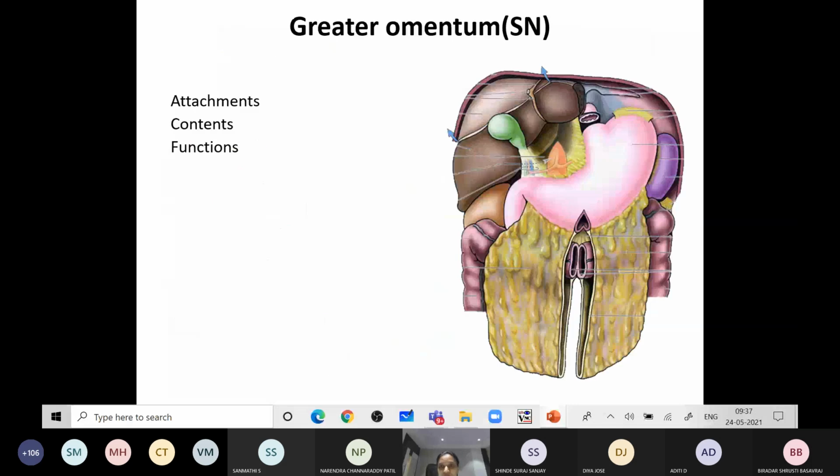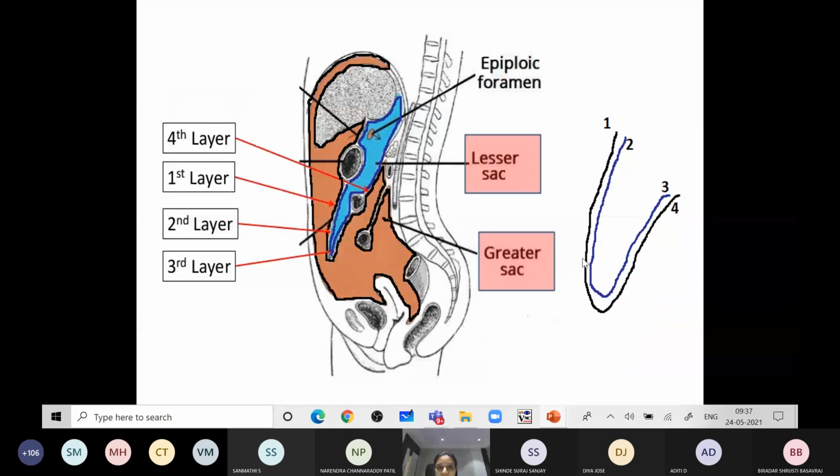So that is about the attachment of the greater omentum. From the greater curvature, it descends down to a variable degree and folds upon. Here also you can see first layer, second layer and a cavity of lesser sac, third layer, fourth layer, and this third and fourth layer extends over the transverse colon. This is the transverse colon.